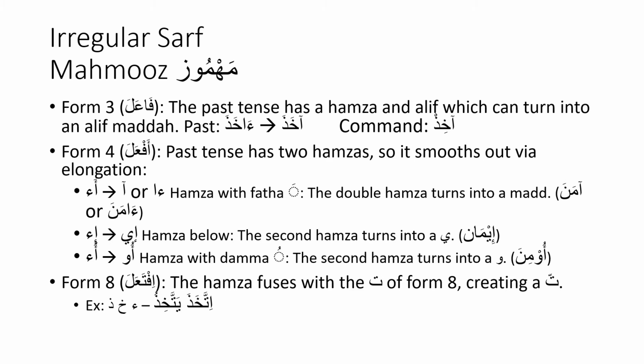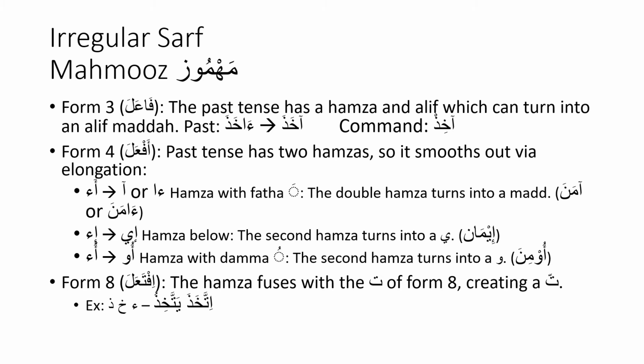And notice as well that when you have this, it depends on the letter before the hamza. So the letter before the hamza is an alif with a fatha, or an alif with a hamza below, or alif with a dhamma. Then the hamza after it will either turn into an alif itself, mirroring the haraka before it, or a ya or a wow, mirroring the dhamma.